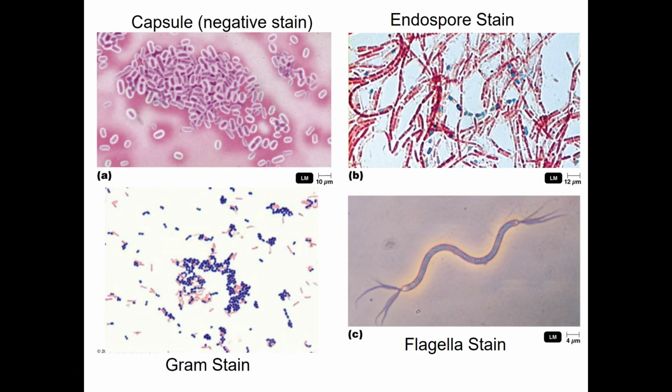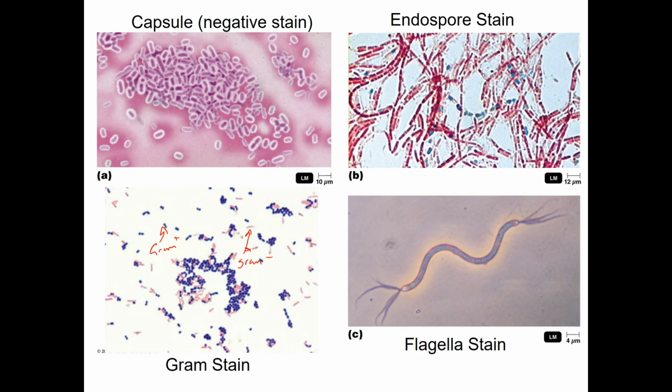Some examples of stains that we'll get to see in lab. We'll get to do gram staining in lab. You can see in the bottom left-hand corner, you've got purple cells that are gram-positive, and then you've got a bunch of pink cells that are gram-negative.